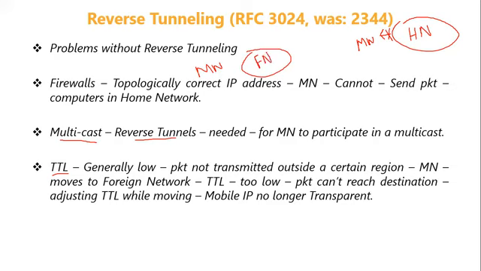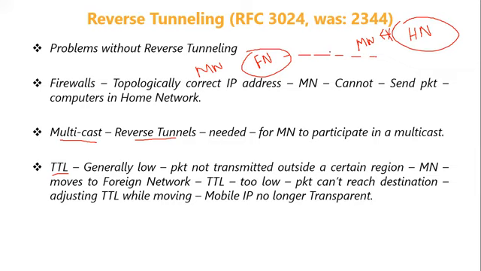Now it wants to send a packet to the home network. Now if it uses the same TTL as whatever it is using when it is in the home network, then what will happen? This packet will not reach the home network at all. Before reaching the home network, the TTL will expire and the packet will be dropped.